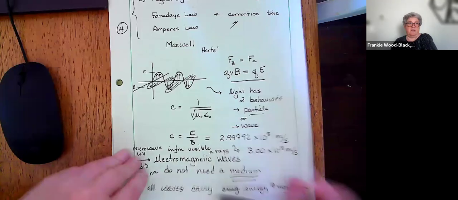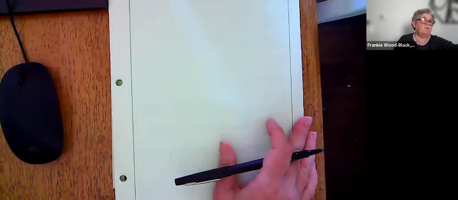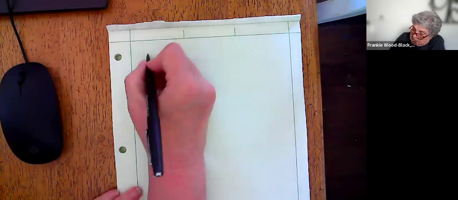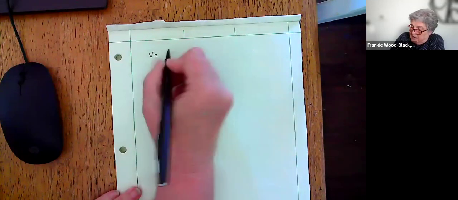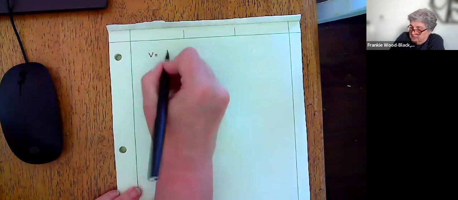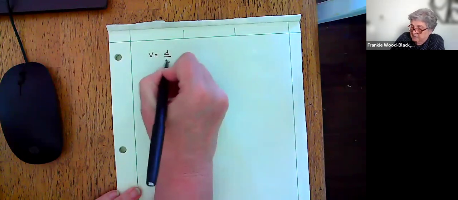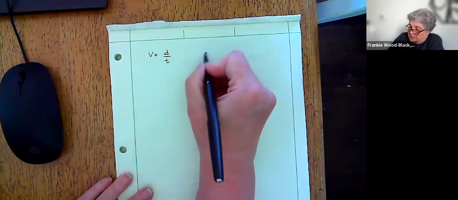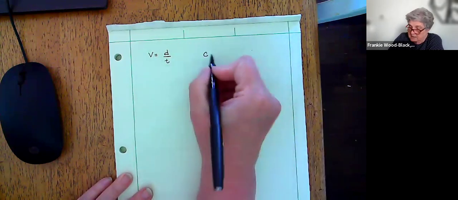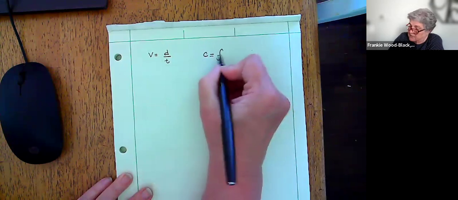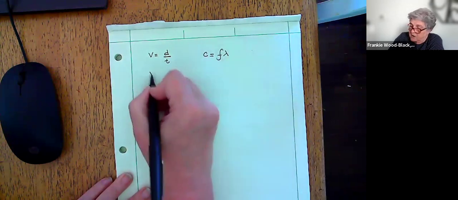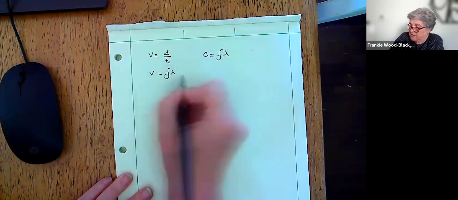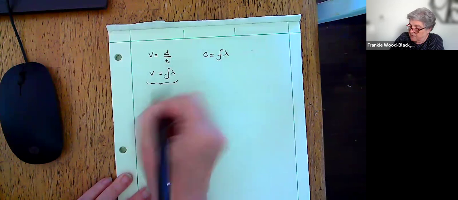Okay, and one other thing, because you guys are going to probably be working on your speed of light homework. Remember that velocity is distance divided by time. Speed of light is going to equal my frequency times my wavelength. This is for a mechanical wave.